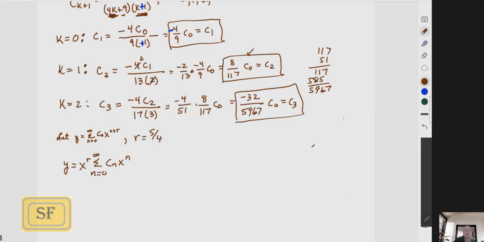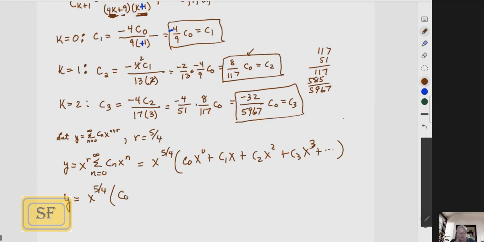The sum as n goes from 0 to infinity of c sub n x to the n is just our power series. When r is 5/4, we get x to the 5/4 times c0 x to the 0, plus c1 x to the first, plus c2 x squared, plus c3 x to the third, and so forth. And so I just have to substitute in my values.